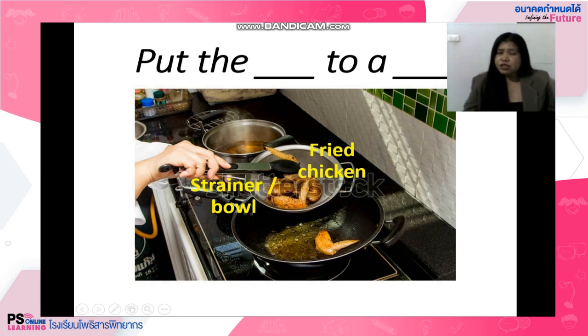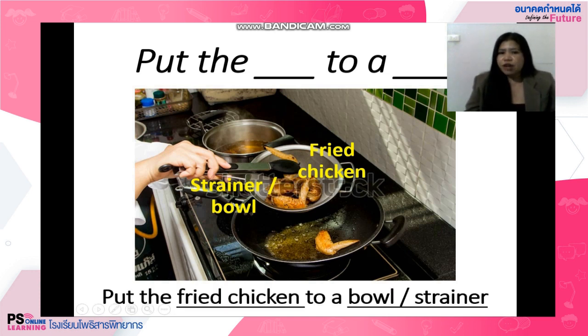Sometimes when you cook fried chicken, you don't have to use a strainer. You can use a bowl or a plate, but here let's use a strainer or bowl. So put the fried chicken to a bowl, or put the fried chicken to a strainer. Easy, right?